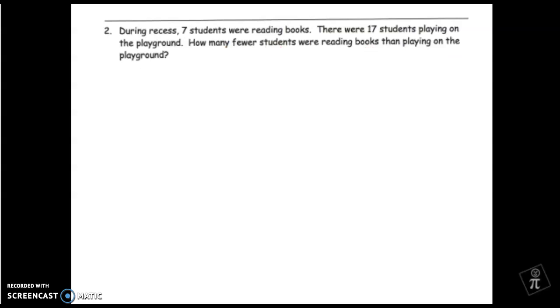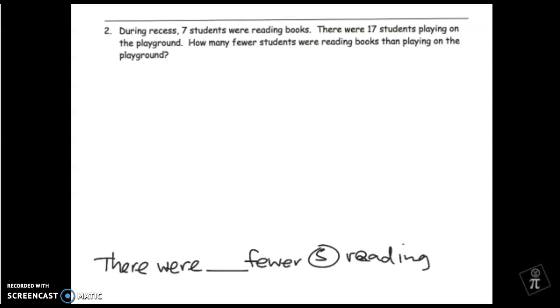So the answer statement is, there were blank fewer students reading than playing. All right, so there is my answer sentence. There were blank fewer students reading than playing.